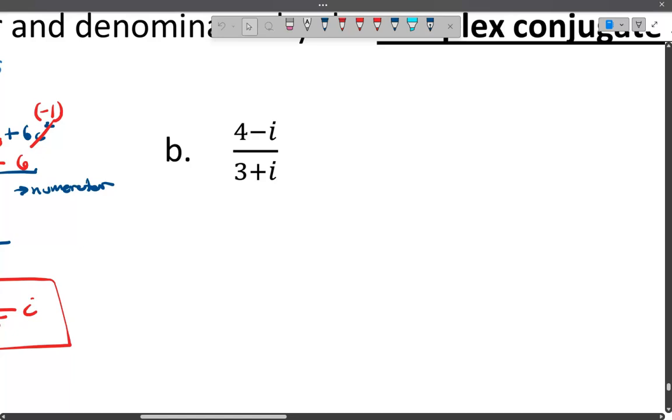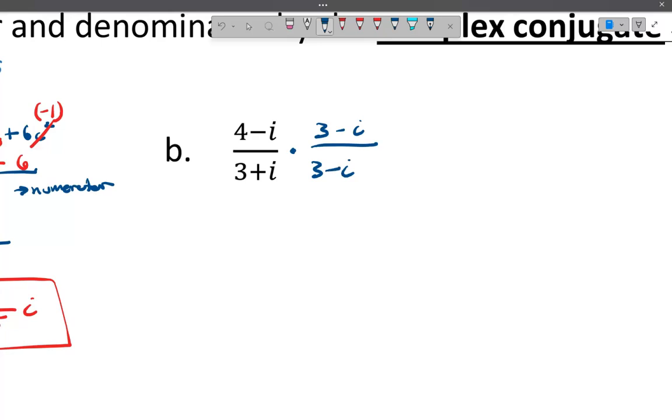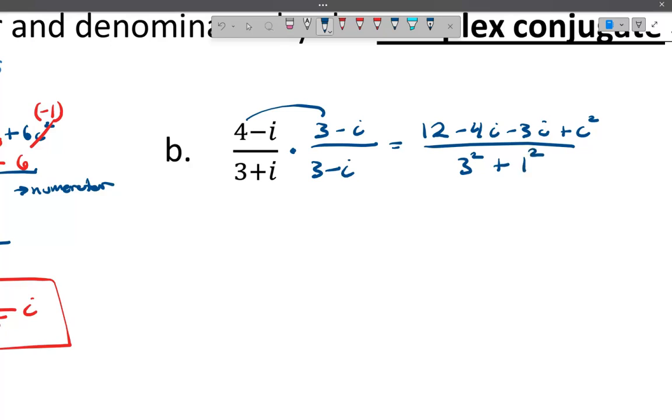So we'll repeat the process. Our conjugate here is 3 minus i. So we'll multiply top and bottom by 3 minus i. For the numerator, we have 12 minus 4i minus 3i plus i squared. Then the denominator, we're going to have a squared plus b squared. In this case, b is 1 because there's no coefficient in front of i.